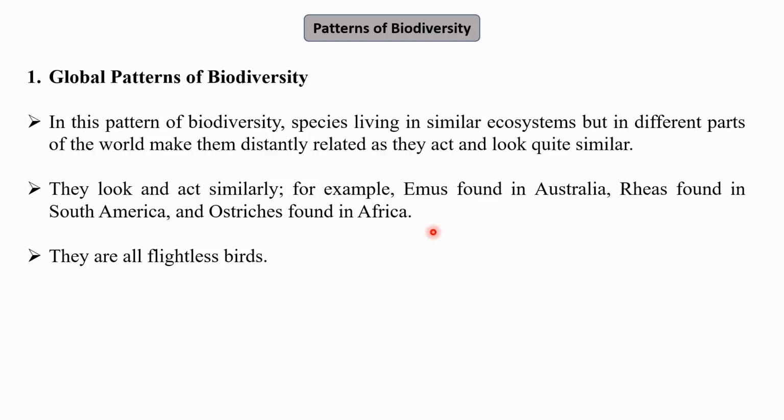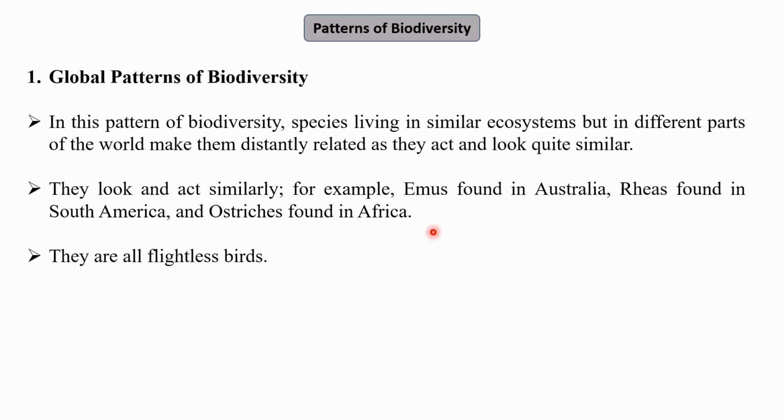All three birds, the emus in Australia, rheas in South America, and ostriches in Africa, are flightless birds. So despite the differences in the areas in which they are present, the similarities in the ecosystem have provided them with the capacity to look and act similarly.